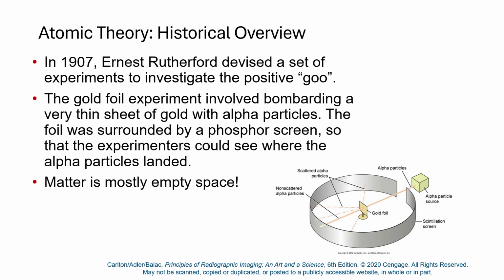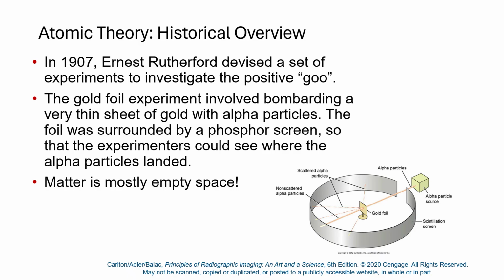But occasionally he would get either a small angle or a large angle deflection or a scattering of the alpha particles. Okay? And so that surprised him. That didn't make sense with either vision of the positive goo.